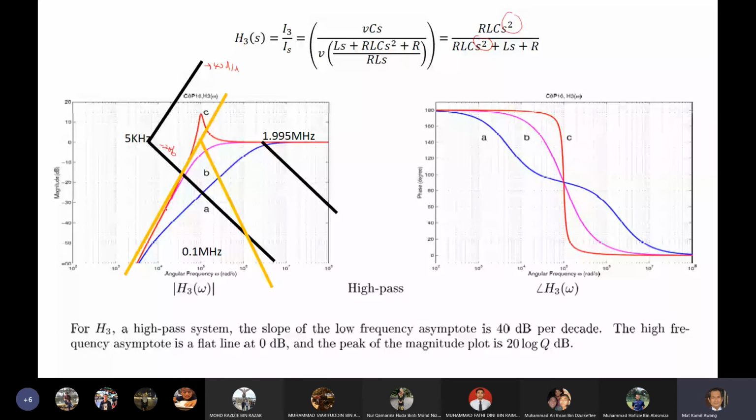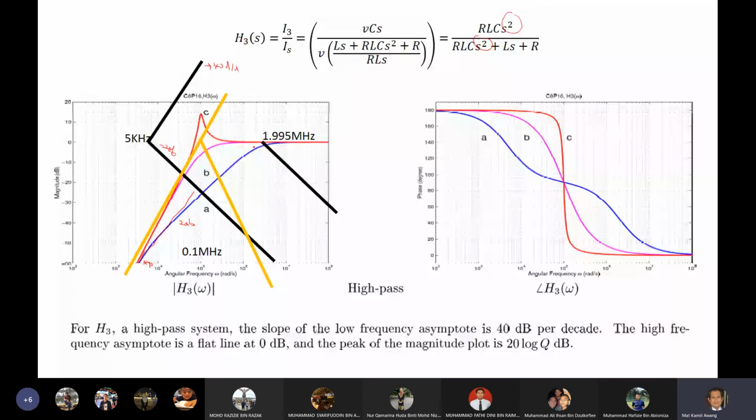So it started at minus 40 dB, with plus 40 dB slope, until it hits 5 kilohertz, then it changes into 20 dB per decade slope.